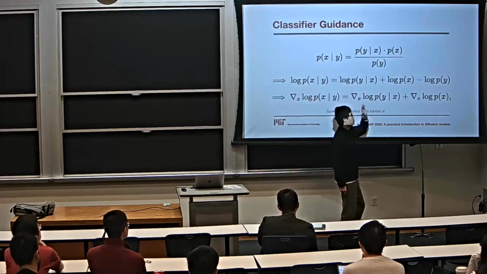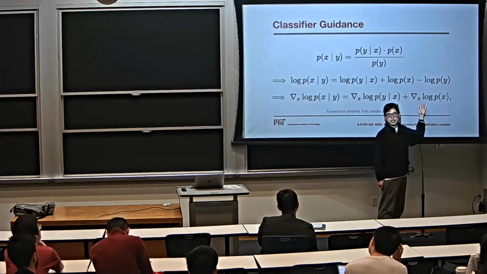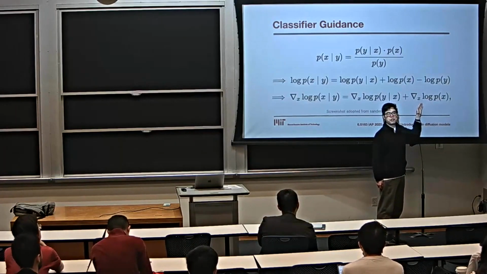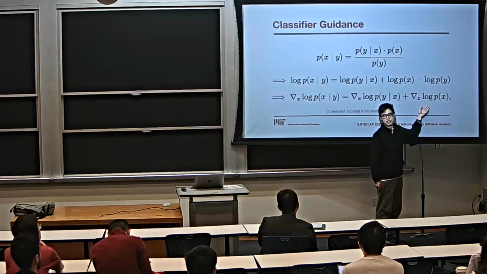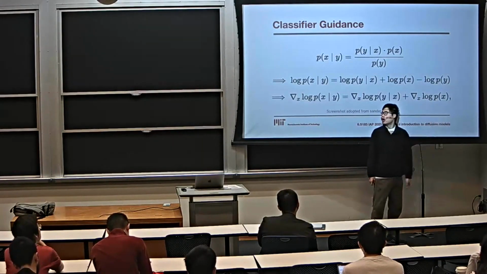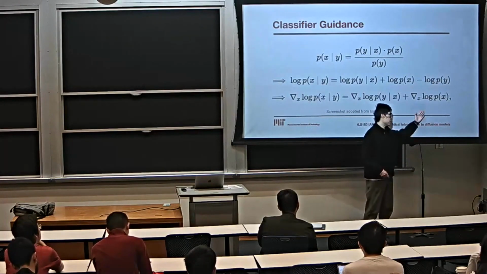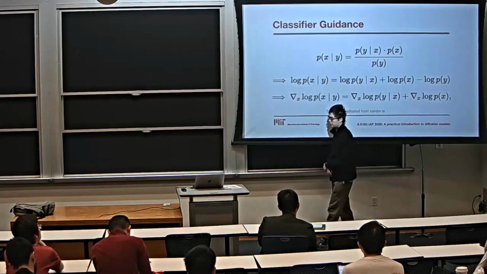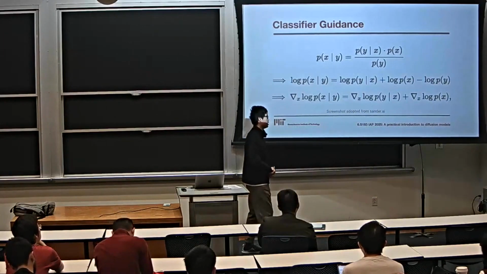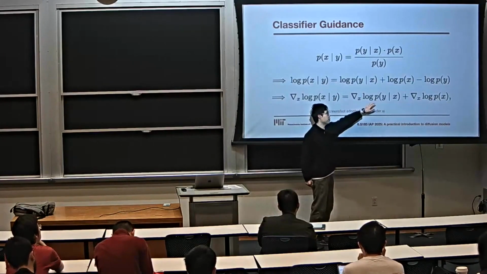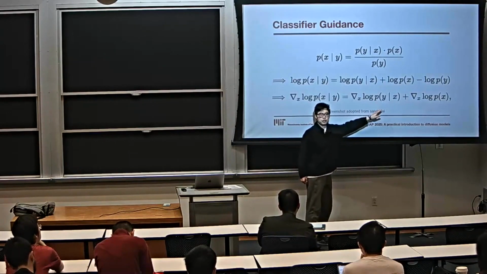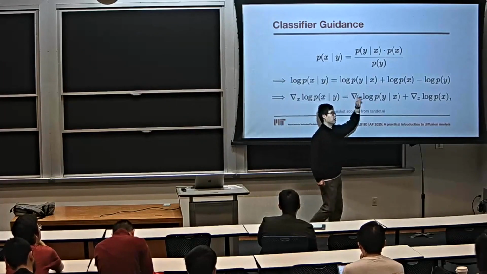And on the other hand, we have this nice term here, which is a diffusion score that we previously calculated using our unconditioned diffusion model. Now our desired term and our given term both appear in the same equation. Then it suffices for us to figure out this term in order to approximate the desired term from the given term.